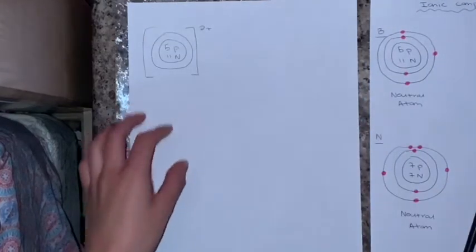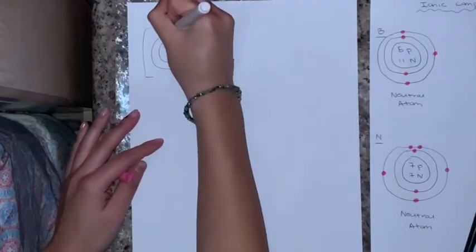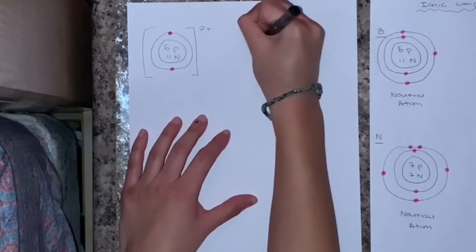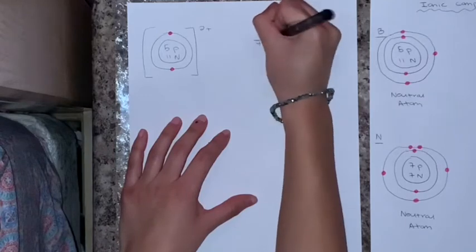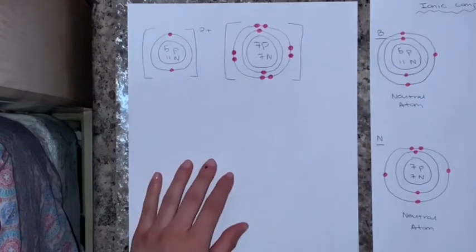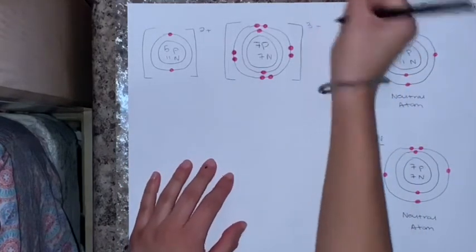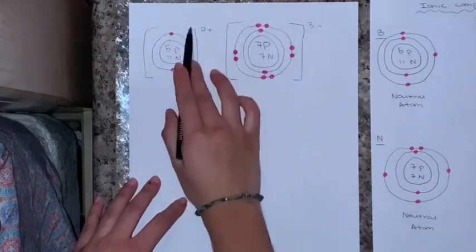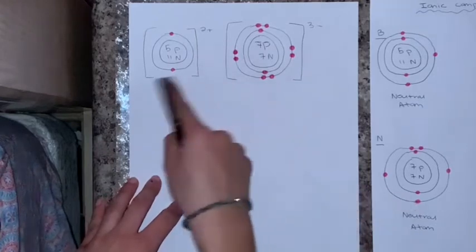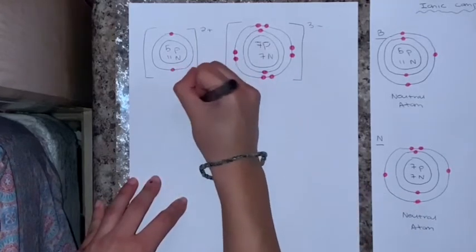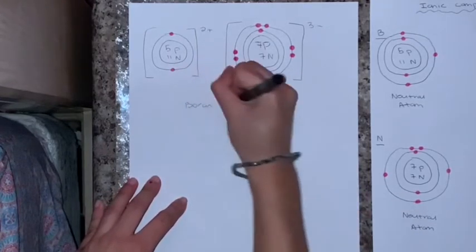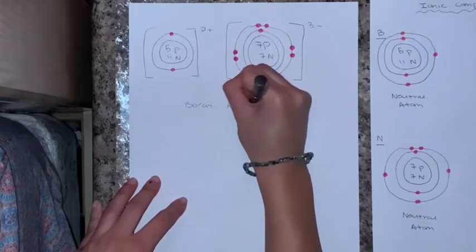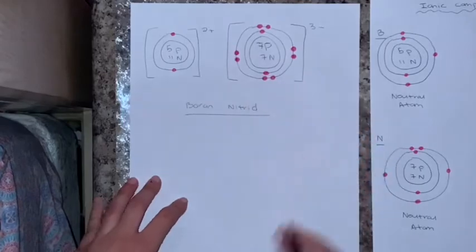Here we are drawing boron's ion and nitrogen's ion. So we're just going to put the charge, and that's basically it for drawing the ionic compounds. And from this we get boron nitride. And I know I spelled it wrong, but in the end I corrected it. It ends with an E at the end.